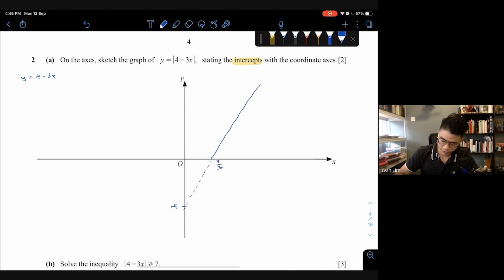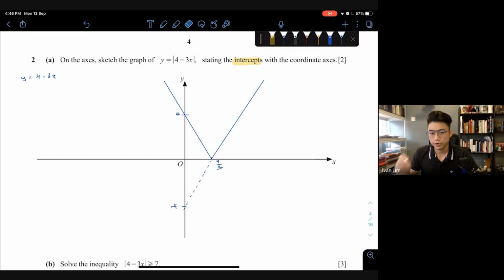This is the original one. Then, because it's a modulus, we invert it. So here is 4. Make sure you show your shape correctly, which is this V shape, and your intercepts are also correct.